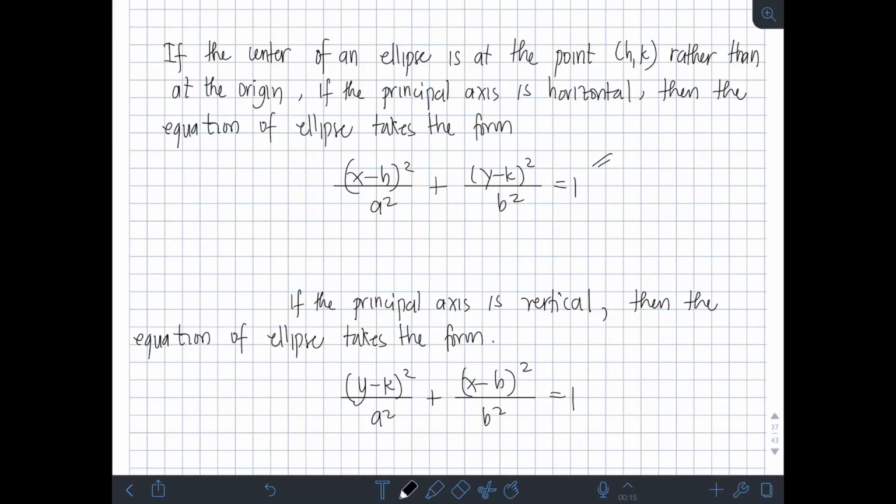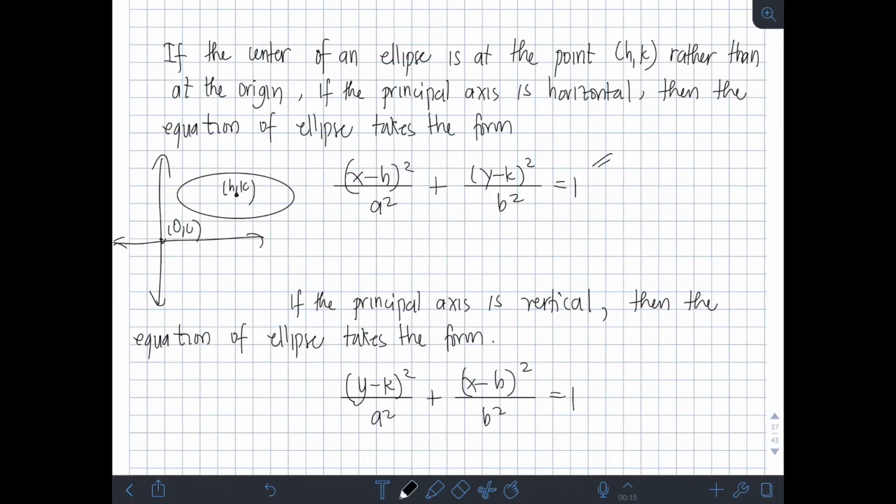So, ang itsura ng ellipse na to is mas malapad yung kanyang horizontal endpoints, pero naka-shift yung center niya h units at k units. So, let's say nakalocate itong ellipse na to sa rectangular coordinate system. Magiging yung center niya is h, k. Translated from the origin, right?